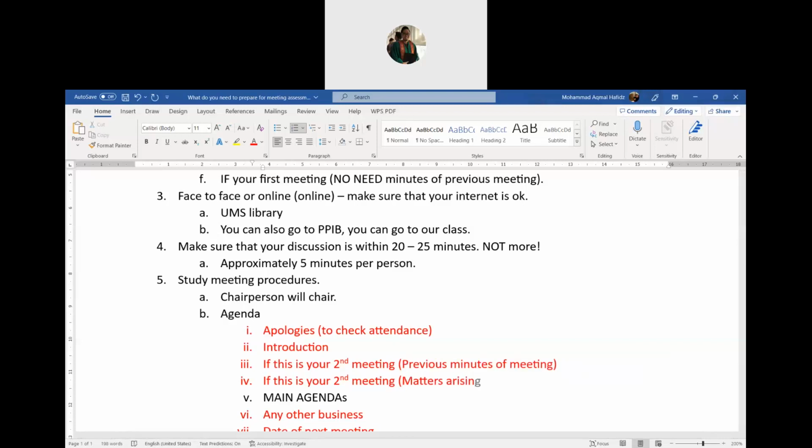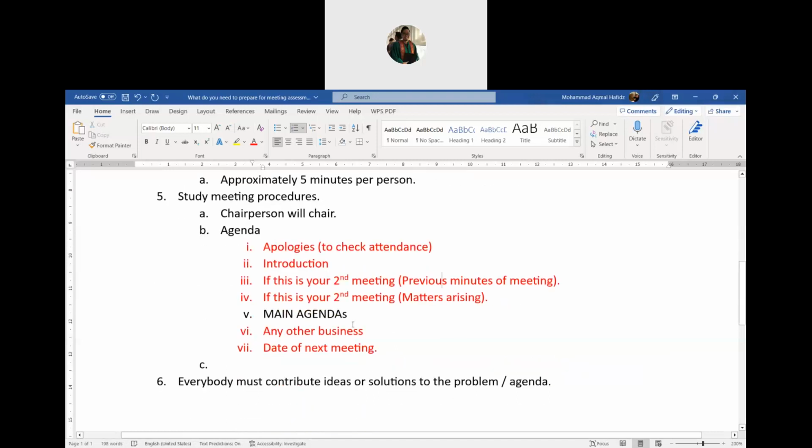So these are optional, but if you assume that this is your second meeting, you need to include them. All right. So for the agendas, we can include any agendas related to your program. Introduce the program, the project or proposal.